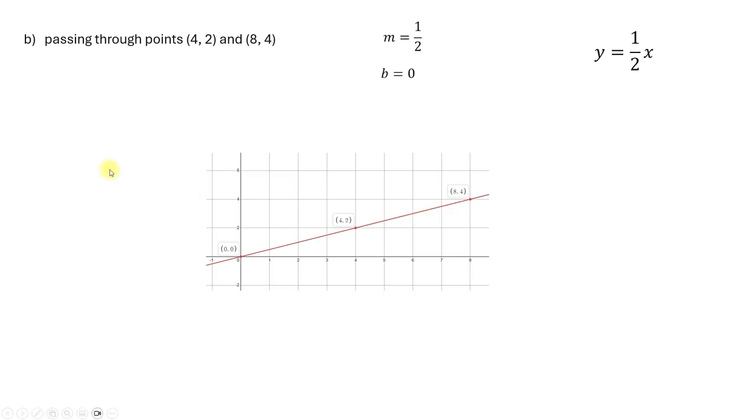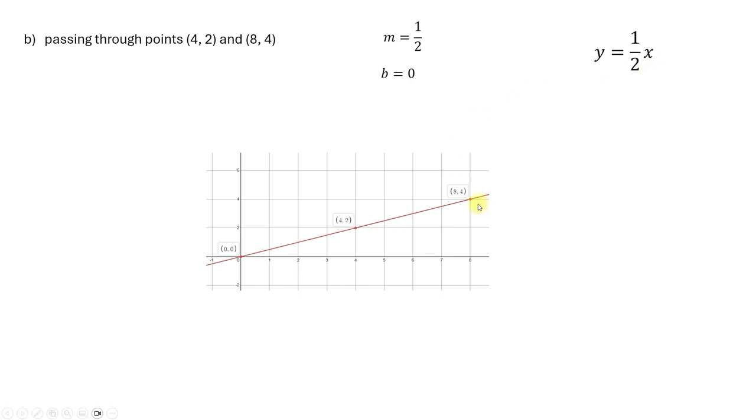The next question that we did, we came up with the slope of 1/2 and a y-intercept of 0, and we had as our answer the equation y equals 1/2 x.